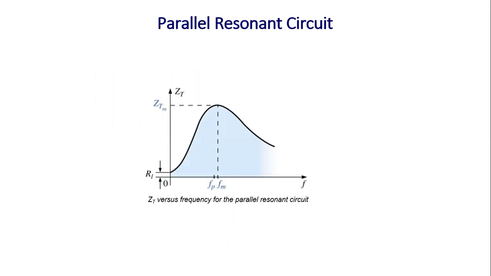This is one of the curves showing the characteristics between impedance and frequency, especially in parallel resonance. In the series case it starts from zero, but here, because of the parallel circuitry, there is an RL. So after a few values of impedance, the curve starts to increase. Here the impedance versus frequency characteristic is shown.